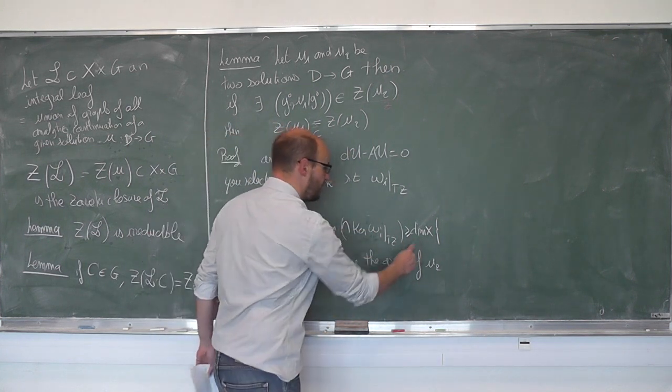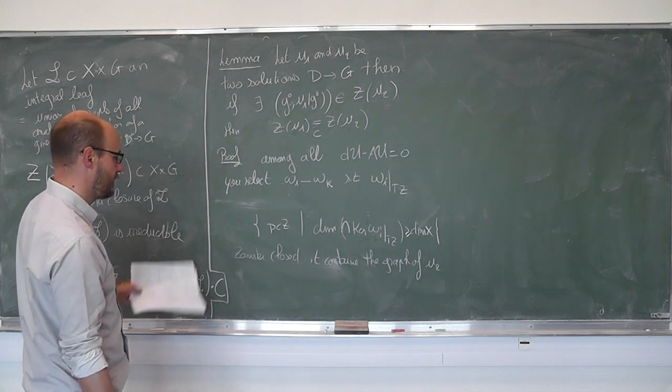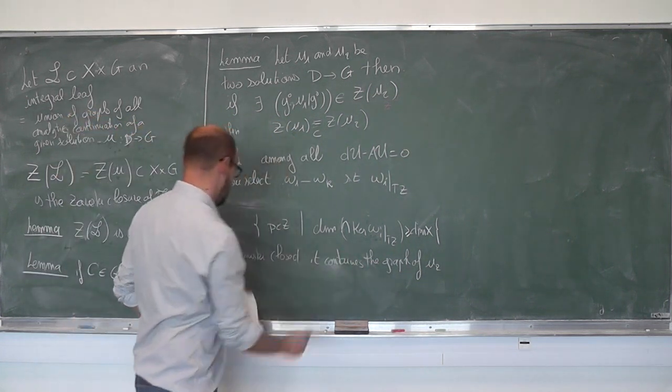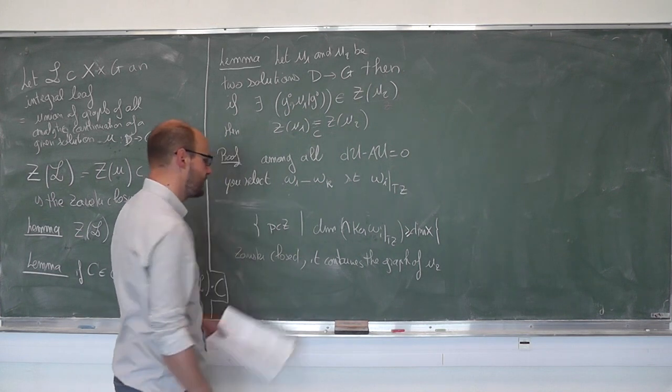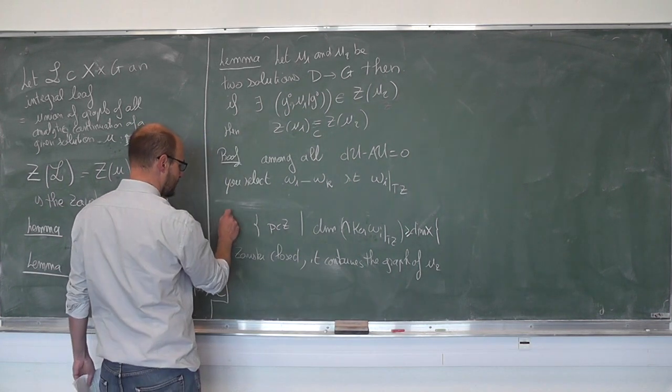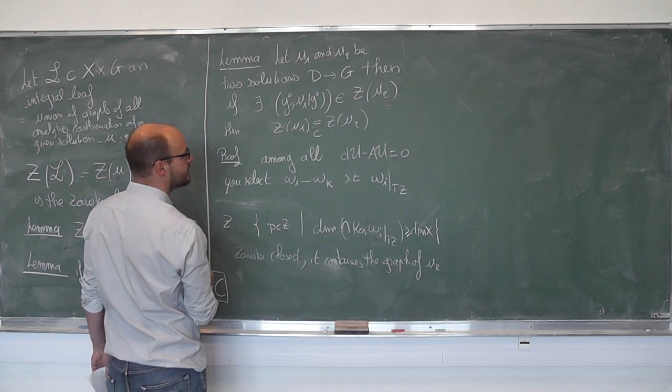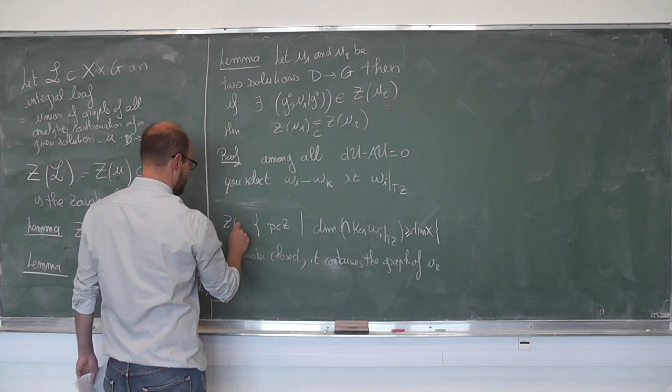So you have equality at this point. So it is Zariski closed, it contains the graph of U2, so it contains Z of U2.